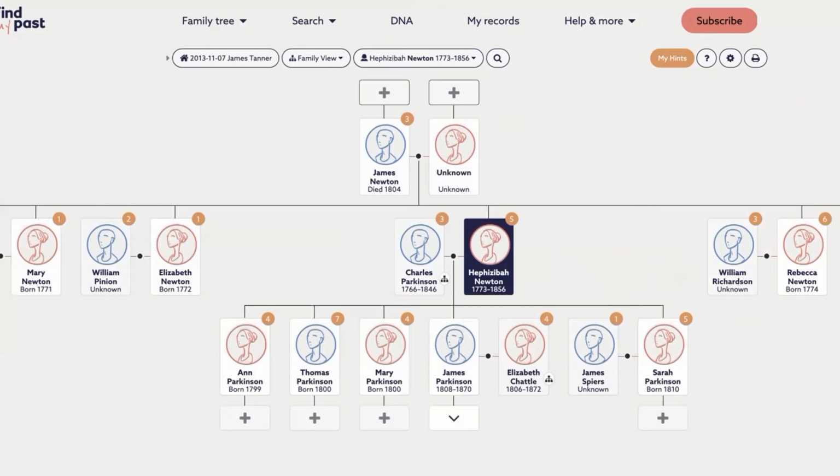So this is a family tree, what it looks like on Findmypast. Obviously, if you happen to have photos, they may substitute the photos for their little drawings in there. But these people were all born well before photography was possible. And you can see that this is a classic, I would call traditional form of pedigree.